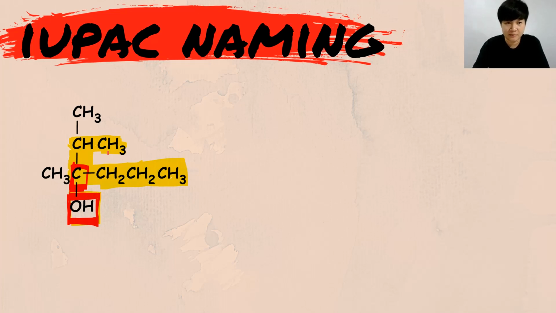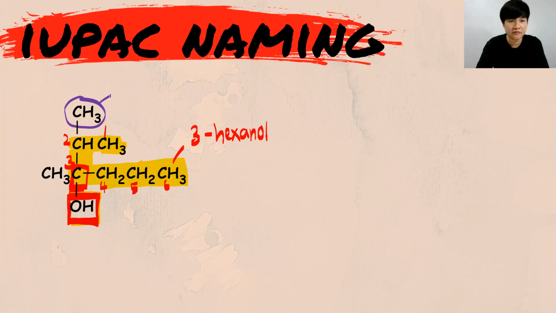I have a 6 carbon chain again, guys. 1 will definitely be from the top so that the carbon that is holding the OH can be carbon number 3, the lower number, 4, 5, 6. So the parent over here will be your 3-hexanol. You have 2 substituents. The first substituent that you have is your 2-methyl group. The second substituent that you have is your 3-methyl.